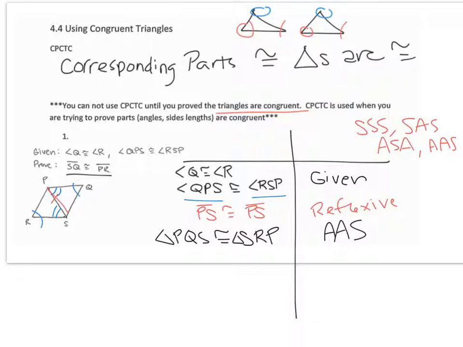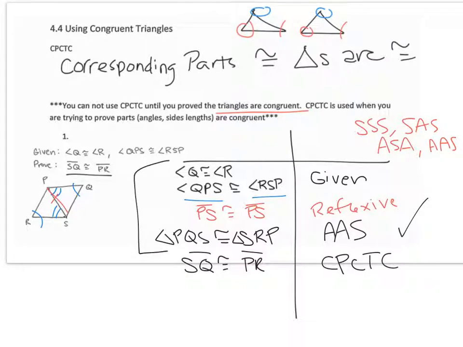So now I've proven the triangles are congruent. Now I can prove that the sides are congruent. So I can say that SQ is congruent to the segment PR by CPCTC. So you need to do the triangles are congruent, and then you can do CPCTC.